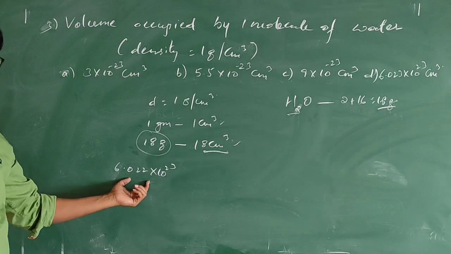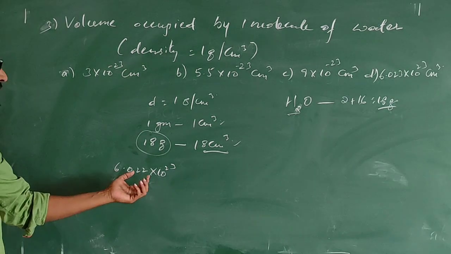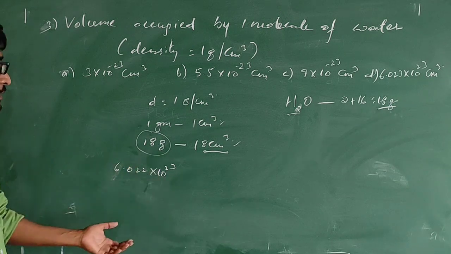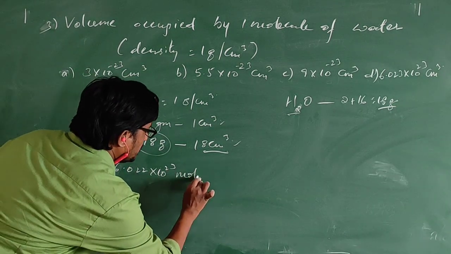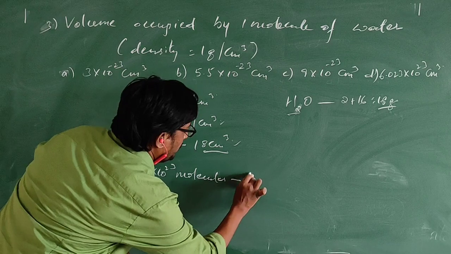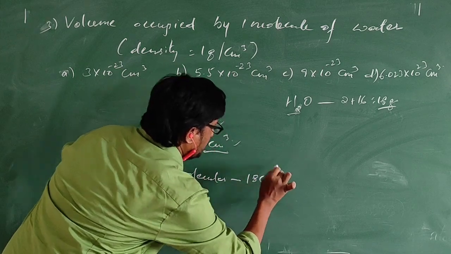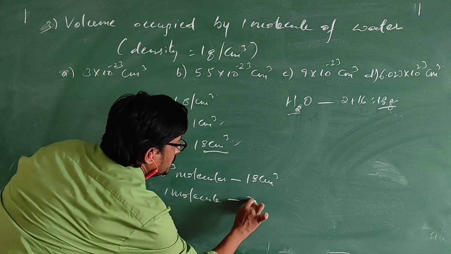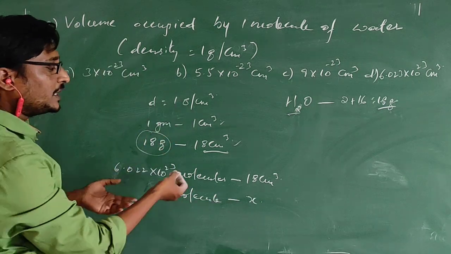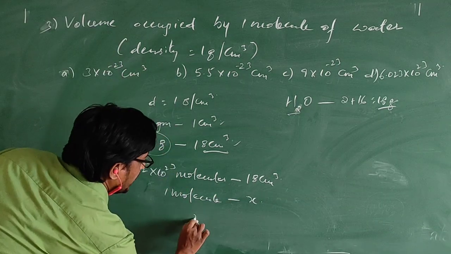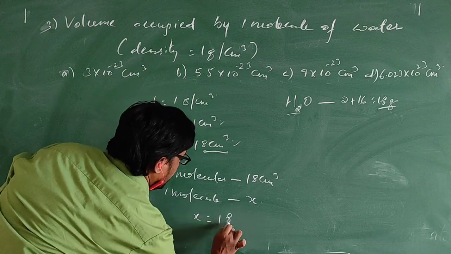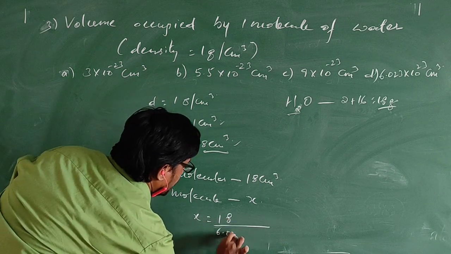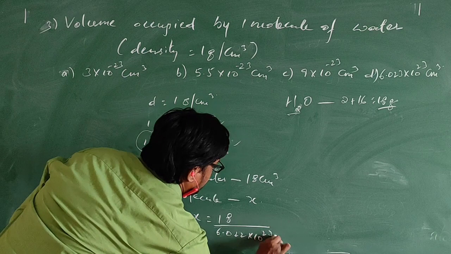So 6.022 into 10 to the power 23 molecules will occupy 18 cubic centimeter volume. Then 1 molecule of water will occupy X. If you cross multiply, we will get the answer. So X is equal to 18 by 6.022 into 10 to the power 23.